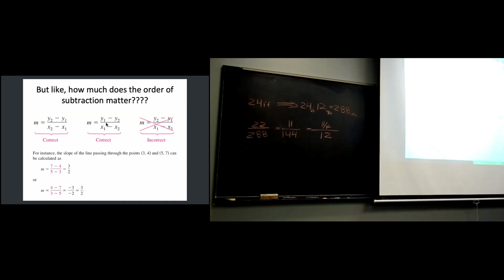So if I say I'm going to take the first point and subtract the second point from it to find my change in y, then I need to do that for my change of x. I cannot change the orders across the fractions. Cool?